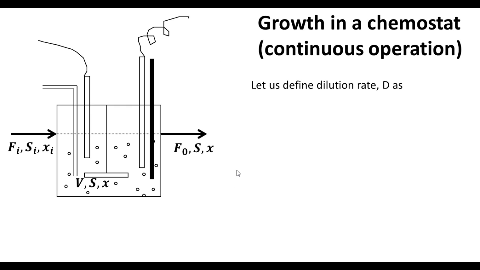Now let us define something called the dilution rate as the volumetric feed rate divided by the volume of the broth, F by V. This is a definition, the dilution rate. Can you make sense of this? A certain feed rate divided by the volume.